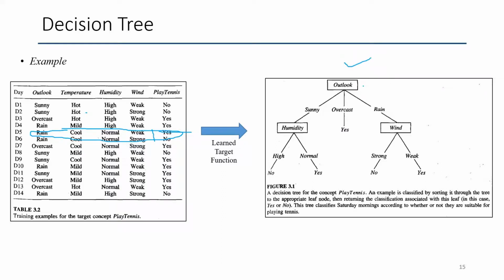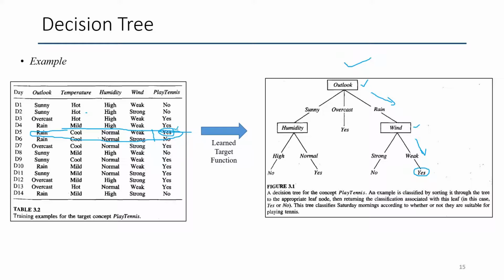At the root node we are testing the outlook attribute. For this instance the outlook value is rain, so we go in this branch. Then we have to test the wind attribute. The wind attribute of this instance is weak, so we go in this branch, and the result is yes, and as you can see in the data set it is yes.